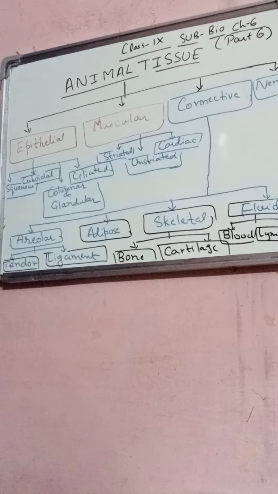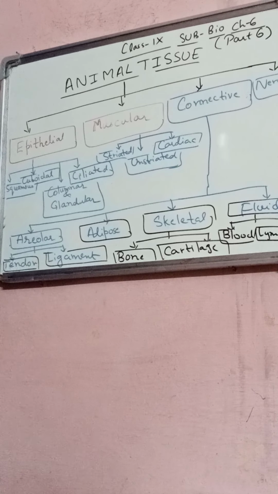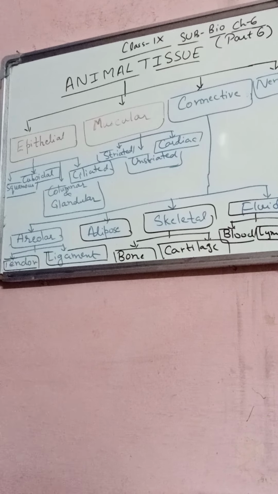So students, on page number 74, look at the epithelial tissue. The diagram is given of different types of epithelial tissue: squamous, stratified squamous, cuboidal, columnar, and ciliated. Right, students?